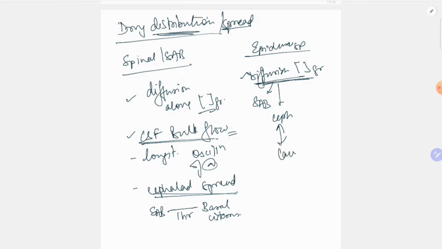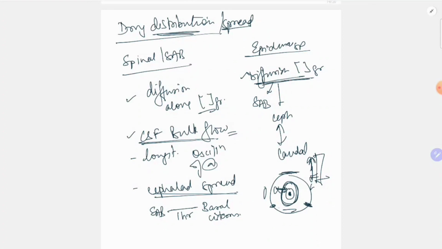See, this is the spinal cord. We have the pia, we have the dura and the arachnoid, and then these are the relations. This is the epidural space. So longitudinally, it can go up and down, cephalad and caudad, and circumferentially, it can go inside into the subarachnoid space and enter the CSF, or it can be lost through the intervertebral foramen, like it will travel along the nervous tissue and come out of the intervertebral foramen.